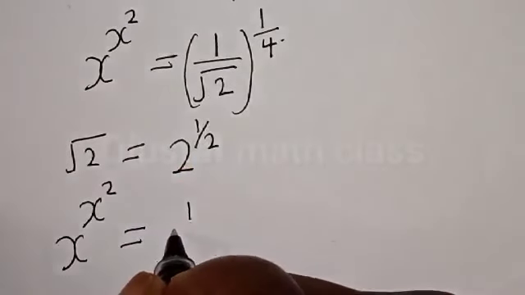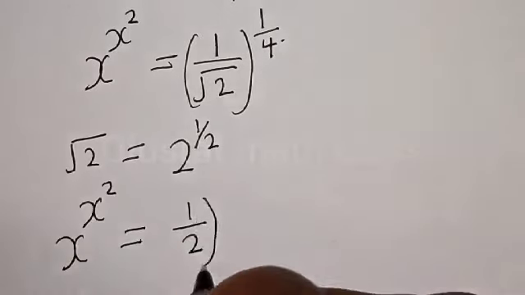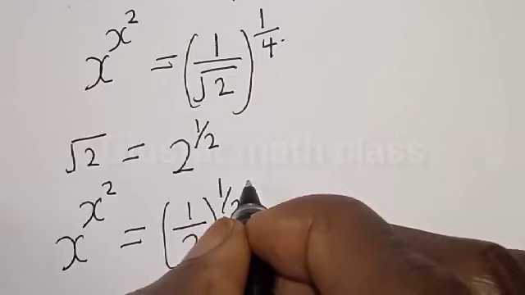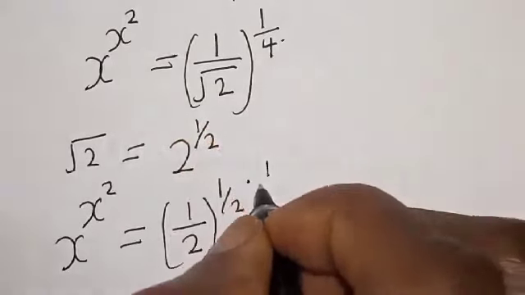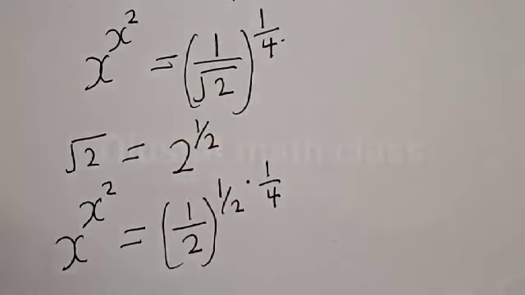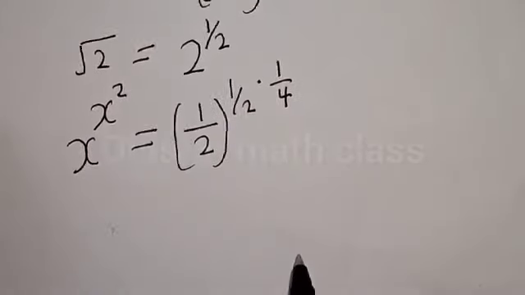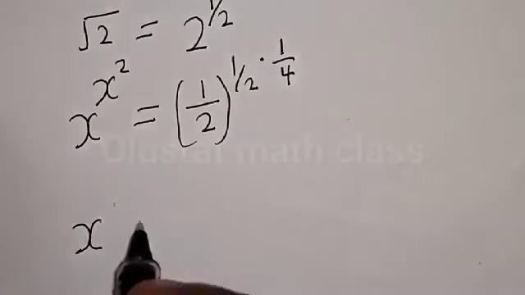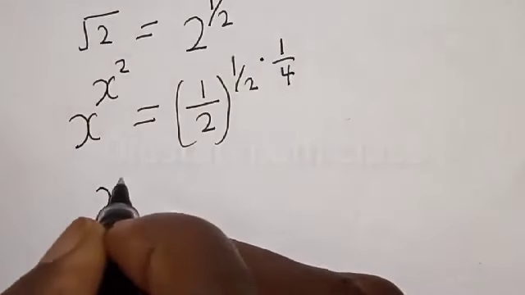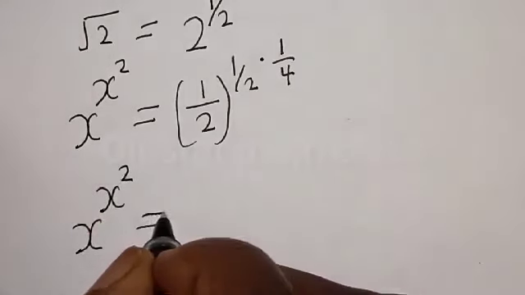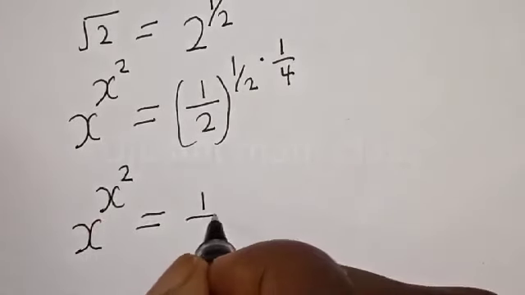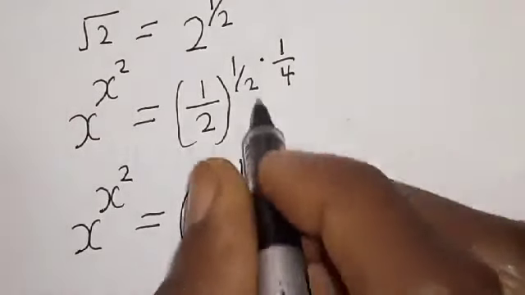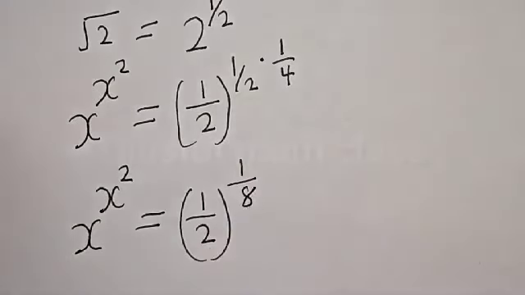This one becomes 1 divided by 2 raised to power 1 over 2, then multiply by this 1 over 4. Then we have x raised to power x squared is equal to 1 divided by 2 raised to power of 1 divided by 4 times 2, that is 8.